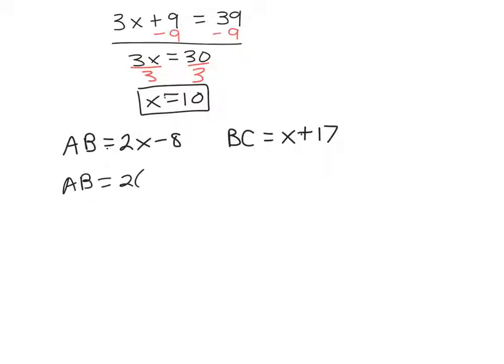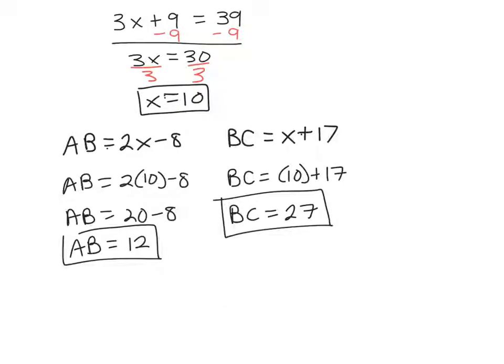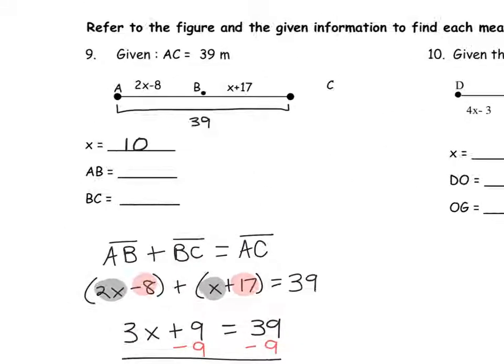So we do 2 times 10 minus 8, and then we just simplify. 20 minus 8 is 12. And here, let's substitute again. 10 plus 17, so we get 27. So again, the length of AB is 12 and the length of BC is 27.